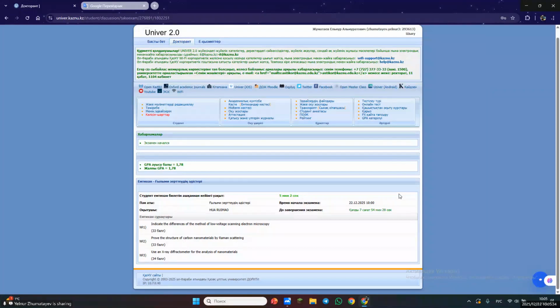Ilnur, it's time to answer the questions. Okay. First question is indicate the differences of the method of low voltage scanning. You have to open your picture. Oh, sorry.